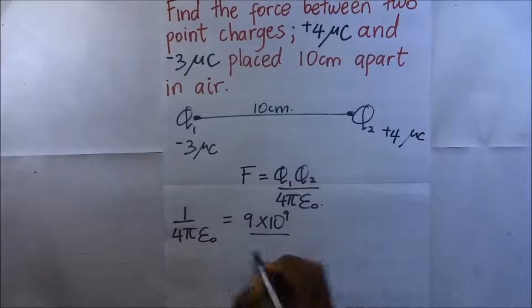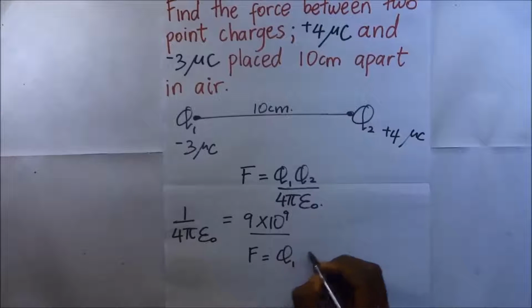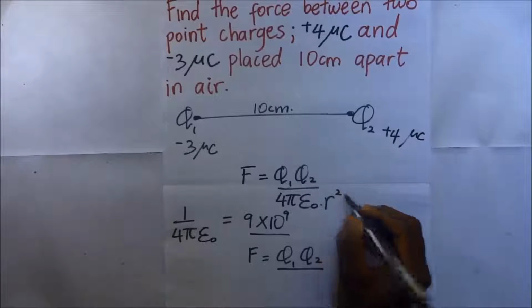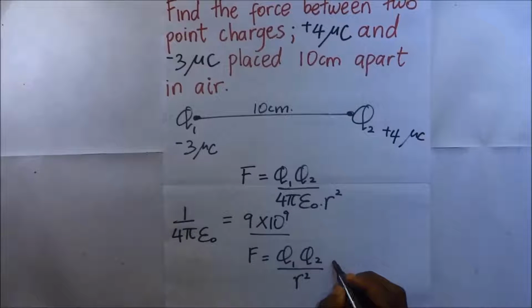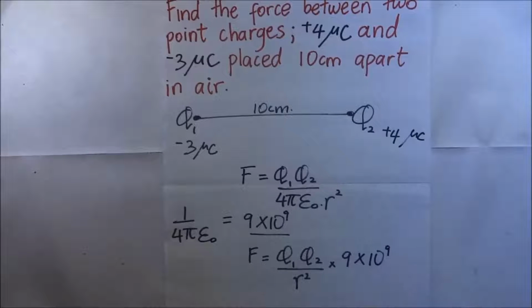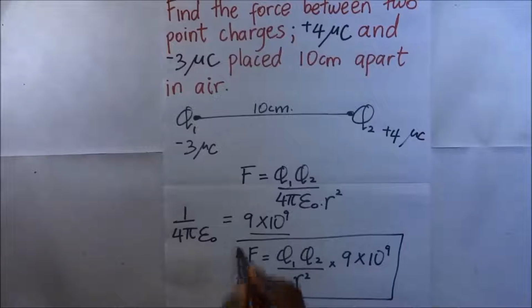So our formula F is going to be equal to Q1 Q2 over r squared, multiplied by 9 times 10 to the power 9, like that. So this is the formula we're going to use.